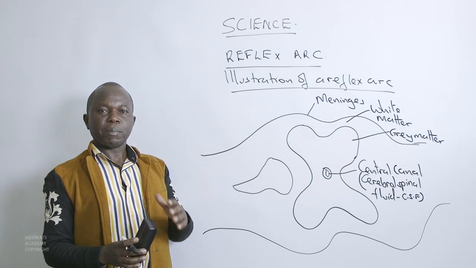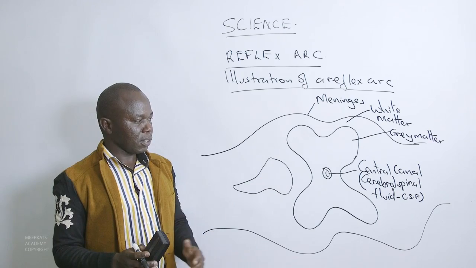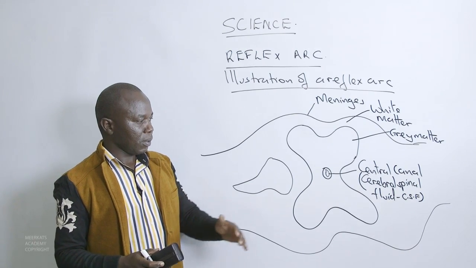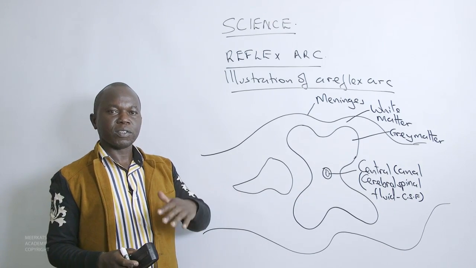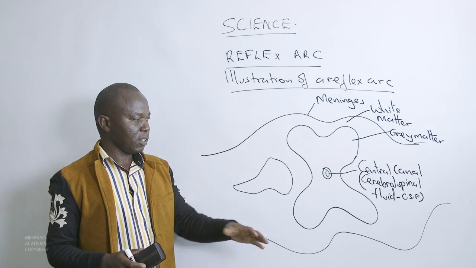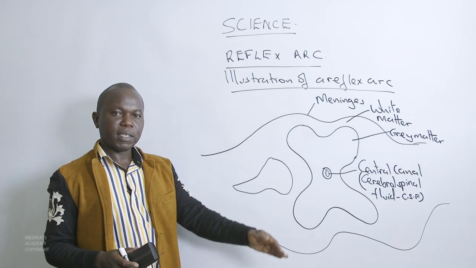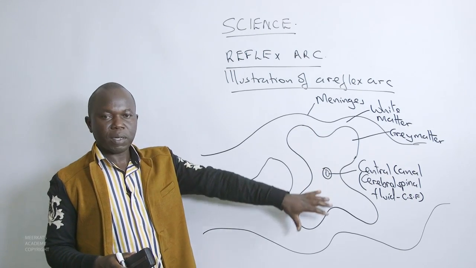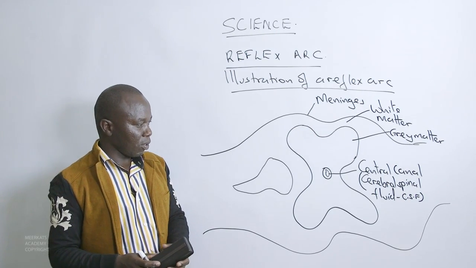Now, when we were looking at parts of the brain, we also looked at CSF. We say that one role of CSF, it contains oxygen and nutrients. Those nutrients are important for nourishing the brain cells and together with the cells of the spinal cord.